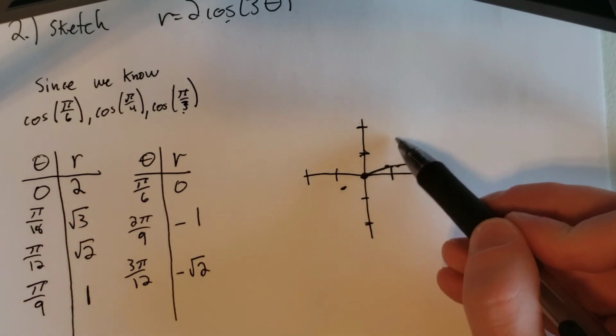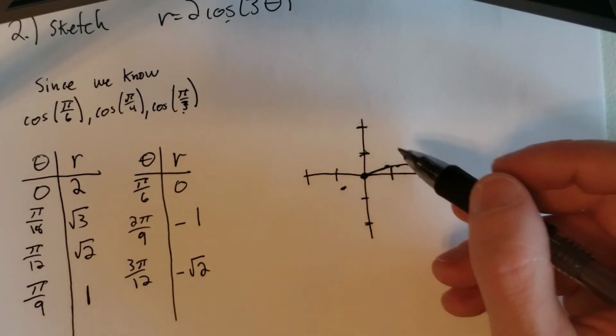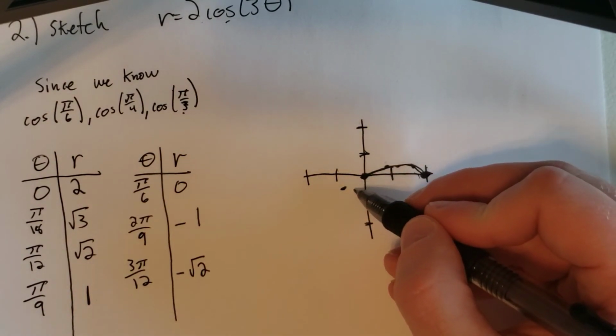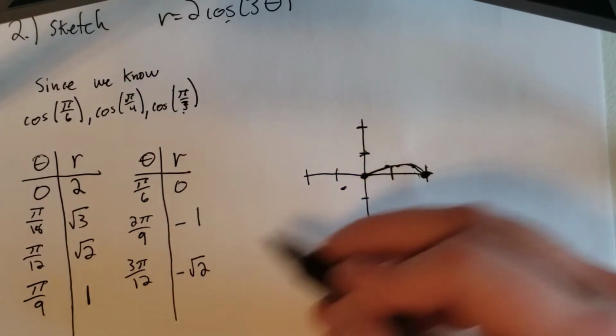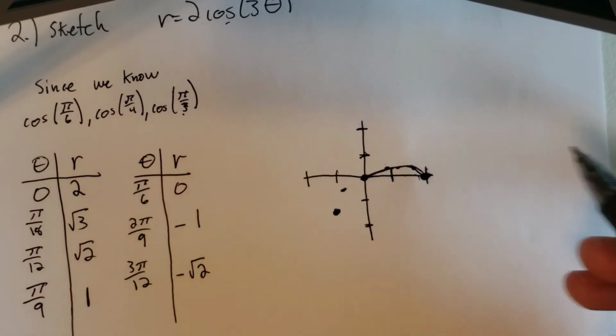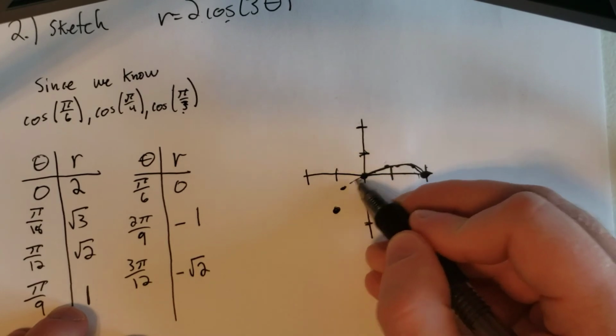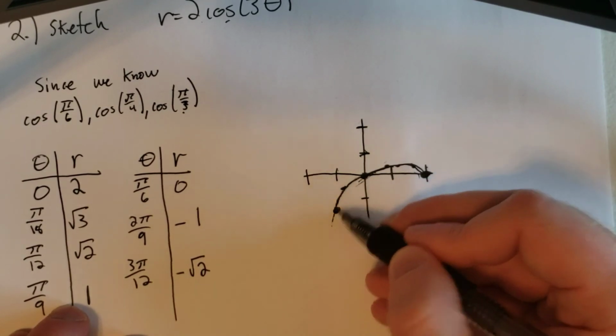So pi over 4 is right here, that is halfway through. And so if we go negative root 2, that takes us back this direction. And we might be able to see a continuation of this arc here.